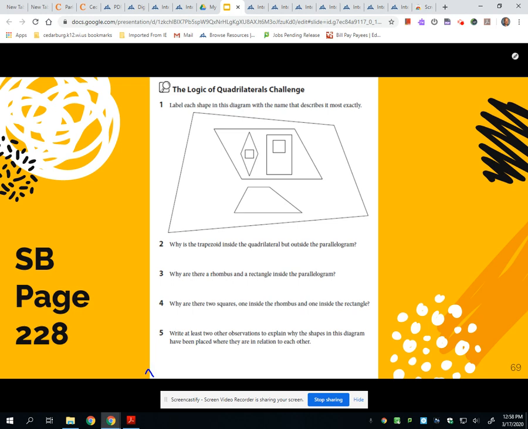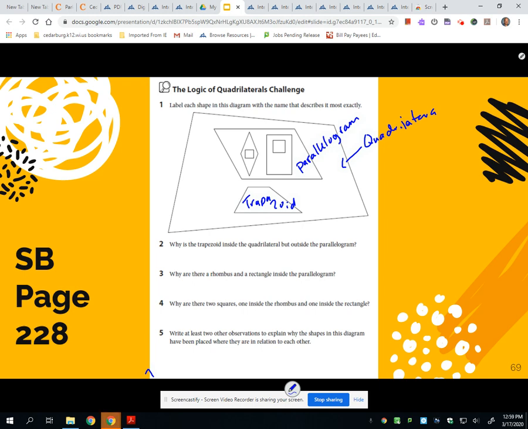Here, this is a quad, that's a quadrilateral. And this here is a trapezoid, right? And then this is a parallelogram because our shapes have two sets of parallel lines.